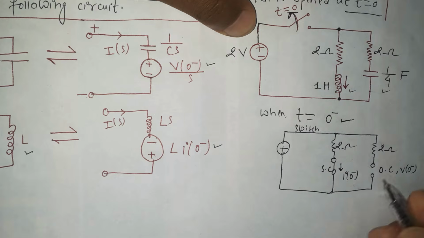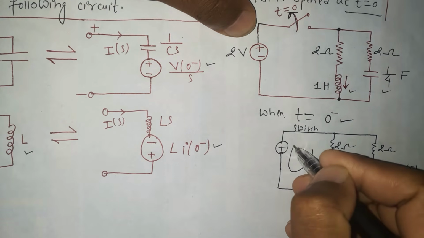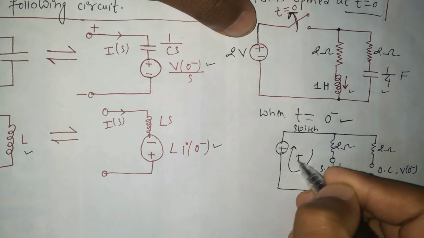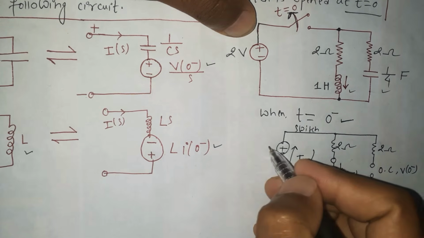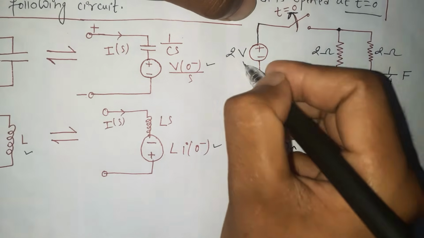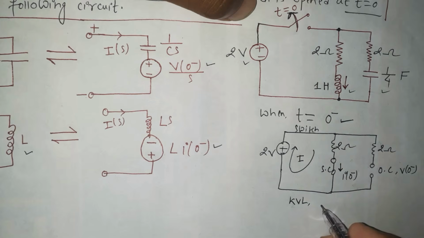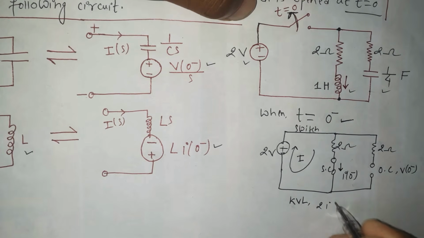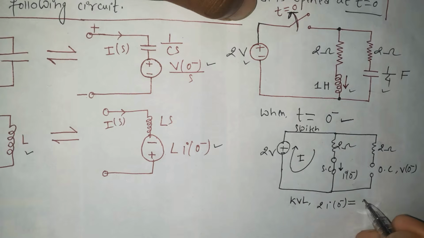Here in this circuit, in this first loop, let's use Kirchhoff's voltage law, KVL. Here it has the value 2 volt. Using KVL, 2 times I 0 minus equals 2 volt.